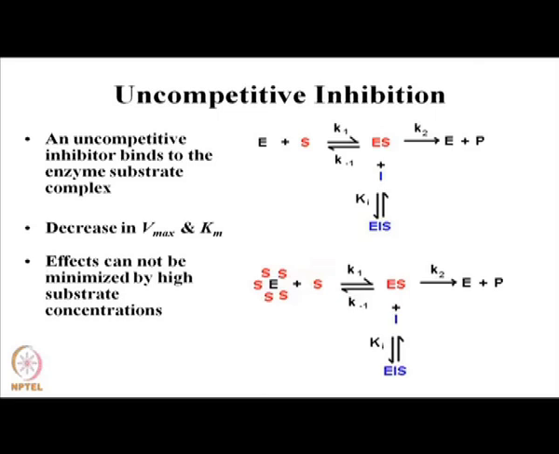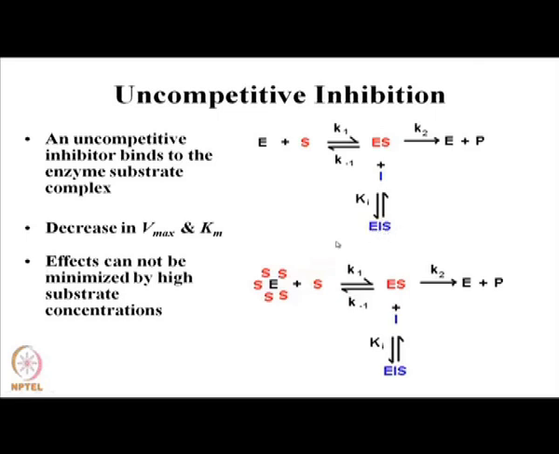So, what happens is that once the enzyme substrate complex is formed, it has two options. Either it will go this way to produce your product, or it will move this way to give rise to the enzyme inhibitor substrate complex, sometimes called ESI or EIS.